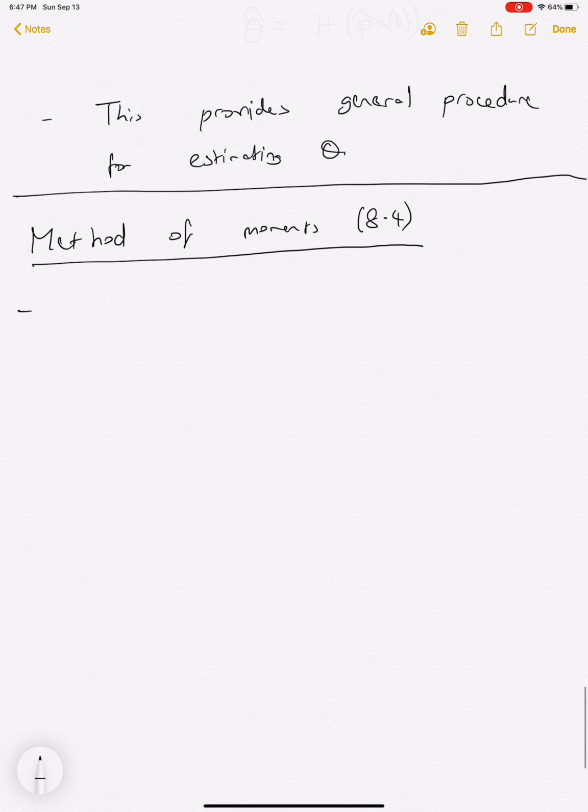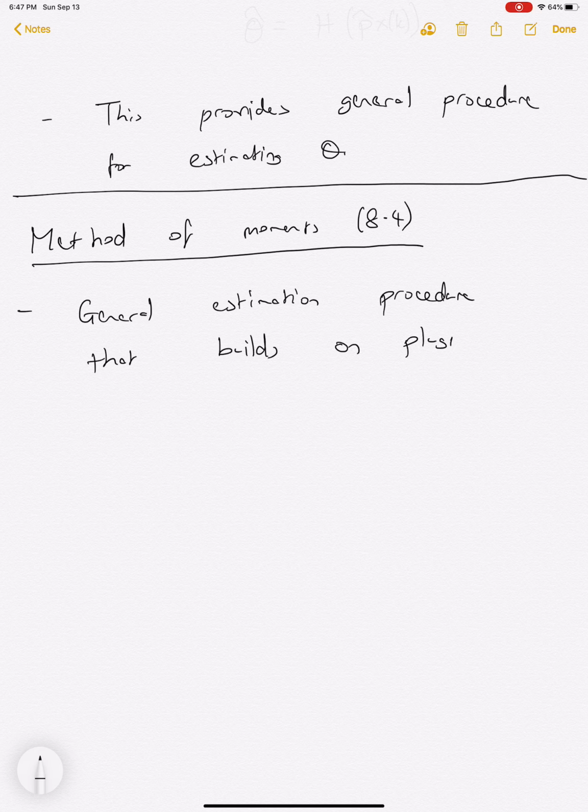The next estimator, the method of moments, is going to be the first really key estimator that we're going to focus on, and it builds on the plug-in principle.